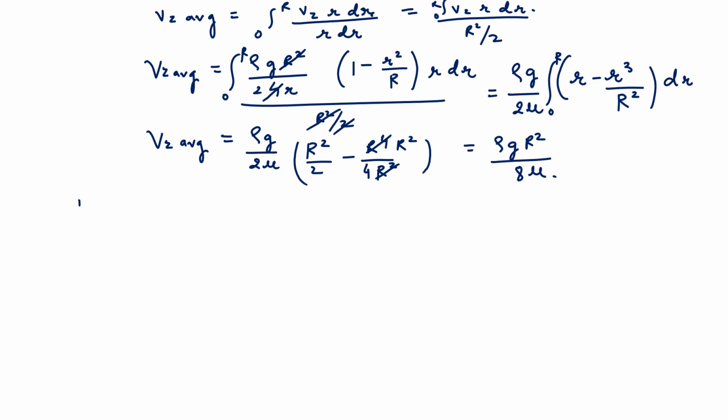Now to find the mass flow rate, what is mass flow rate? It's velocity into area into density.